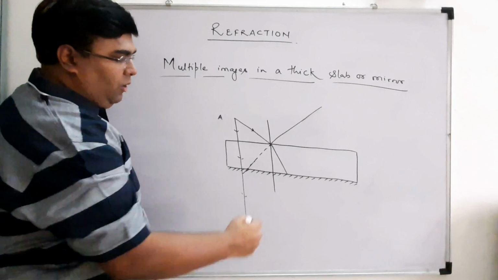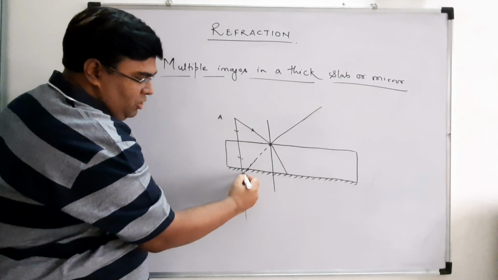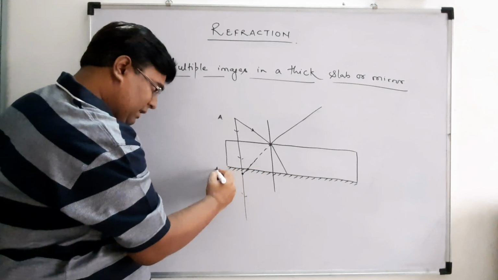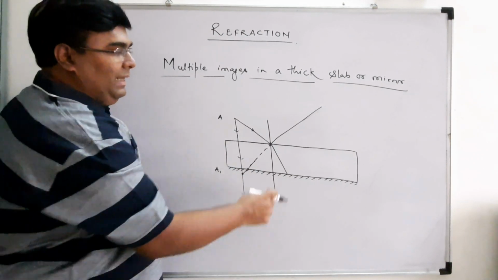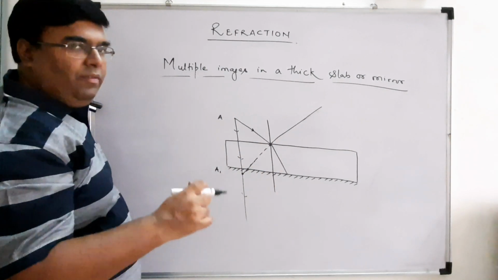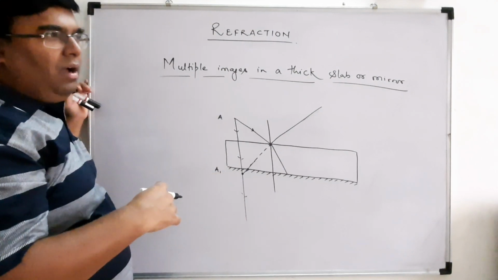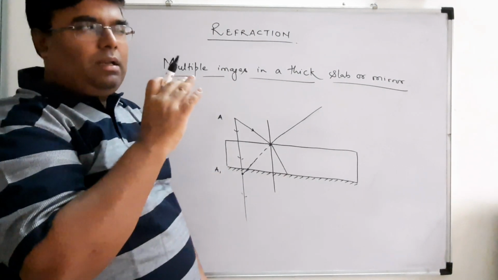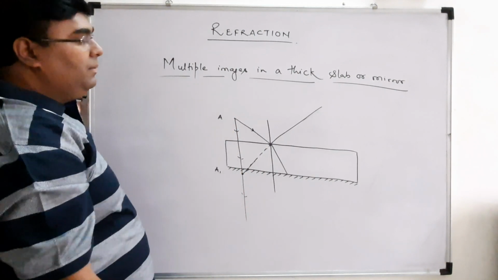Because of this ray and this ray, one image is formed here. Let us name it A1. But since the intensity of this ray is very small, this A1 will be very light. We will hardly be able to see that image, but if you concentrate, you can see it.